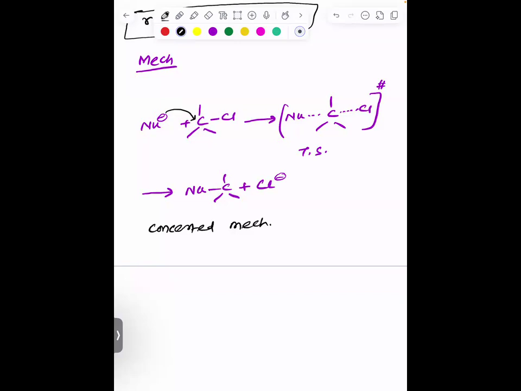Finally, the leaving group is released out, and the nucleophile makes a permanent bond.